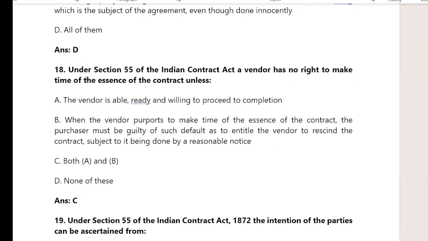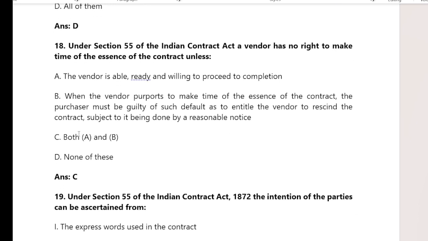And the next question is, under section 55 of Indian Contract Act 1872, a vendor has no right to make time of the essence of the contract unless option A, the vendor is able, ready and willing to proceed to completion, and option B is when the vendor purports to make time of the essence of the contract, the purchaser must be guilty of such default as to entitle the vendor to rescind the contract subject to it being done by reasonable notice.